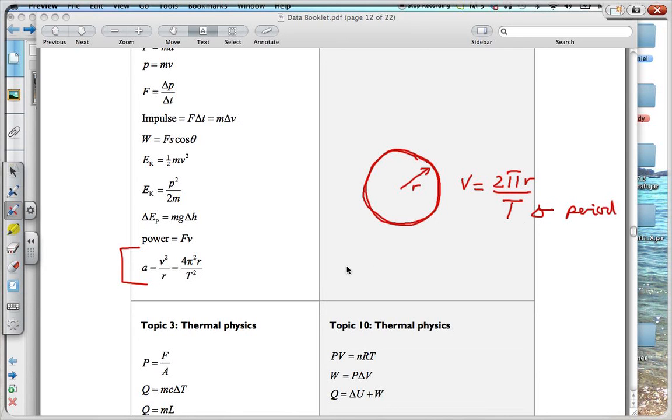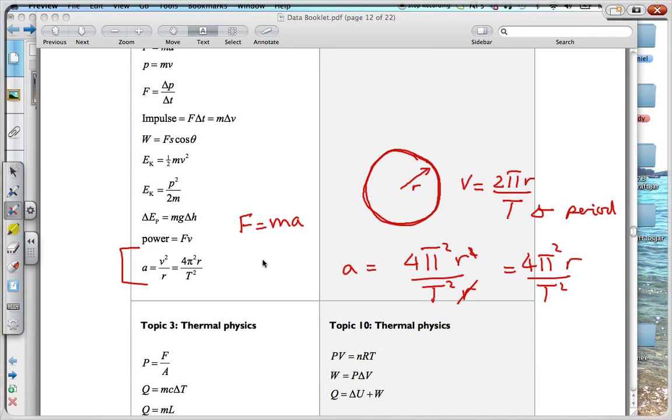If I put that into that formula, I get a is equal to v squared over r, that's 4 pi squared r squared over T squared, and I divide by a further r. This r cancels with that, and I get 4 pi squared r over T squared. Now from Newton's second law, force is equal to mass times acceleration.